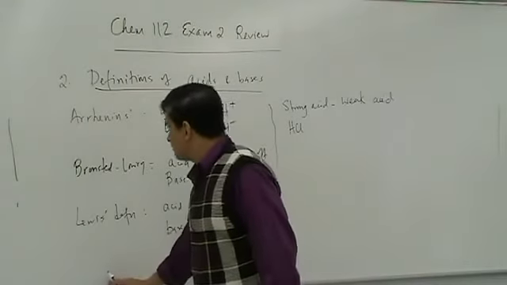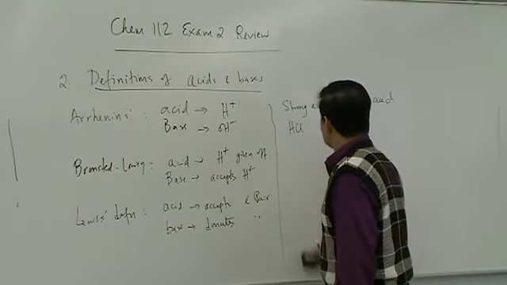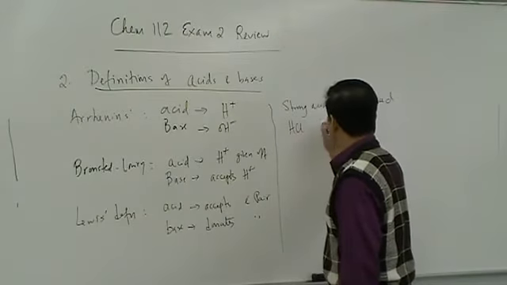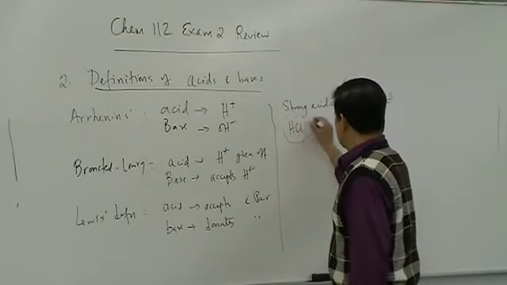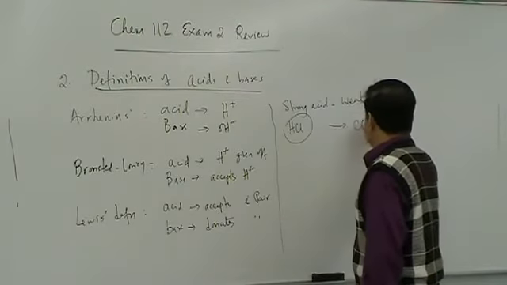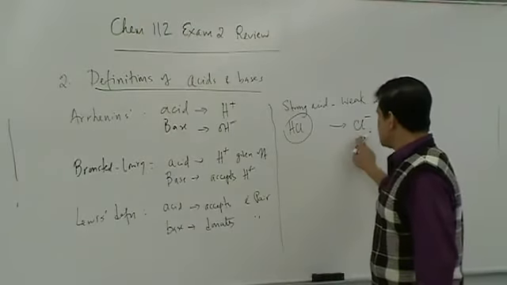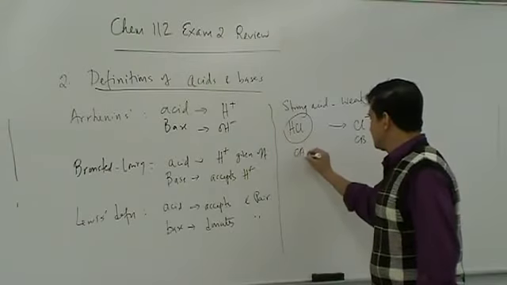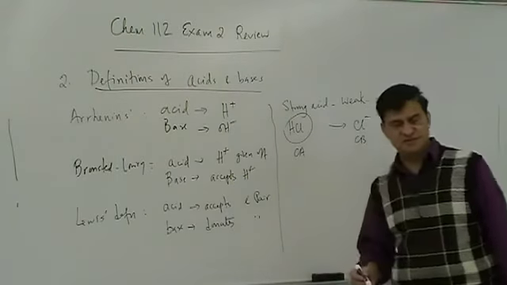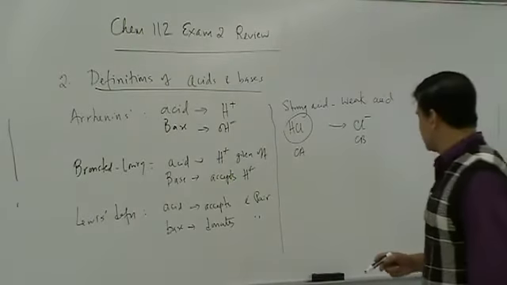Now, we should also go over what would happen to the conjugate base of an acid. This is a strong acid. If I get Cl- out of it by getting rid of H+, that's a conjugate base. This is the conjugate acid. Question is, what kind of base is this? Is it a strong base or weak base? Students often get confused.